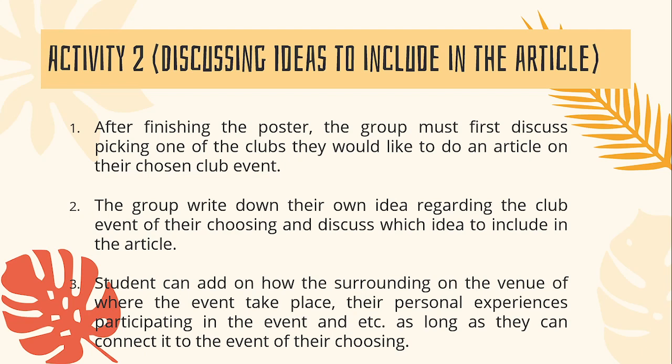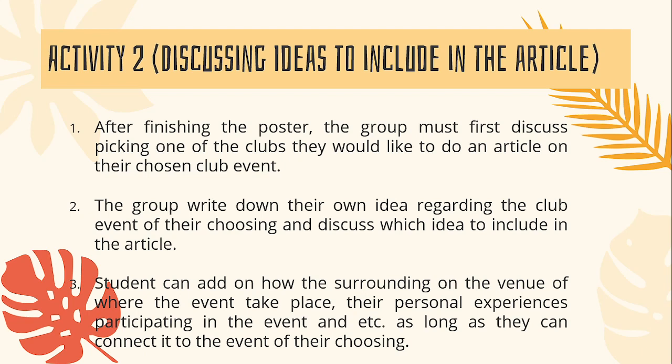After they choose which club they want to focus on, they must discuss the ideas. First, before discussing, they must write down the ideas they want to include in the article, and then discuss it with their group members on what ideas to include in the article, and what ideas they do not want to include in the article.